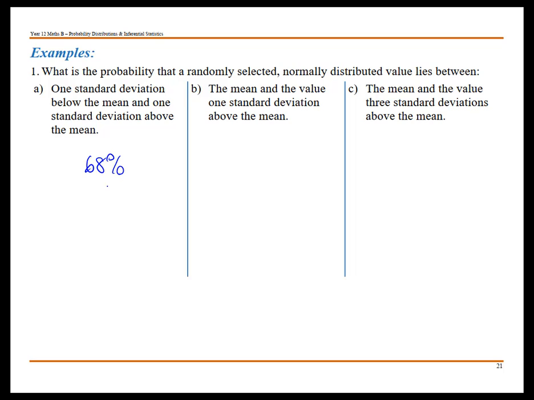The mean and the value 1 standard deviation above the mean, well, because it's symmetrical, okay, so this is my bell-shaped curve. If I know 68% are within 1 standard deviation above and below the mean, and it's symmetrical, then one side has to be 34%. So 68% divided by 2 gives 34%.